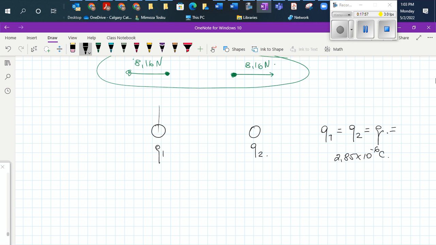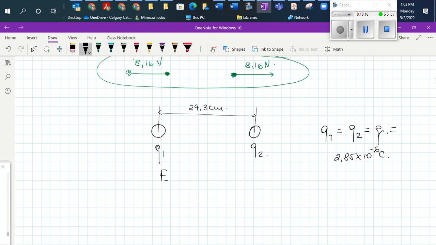And they are apart from each other at a distance of 24.3 centimeters. Let's find the magnitude of the electrostatic force that Q1 is experiencing.